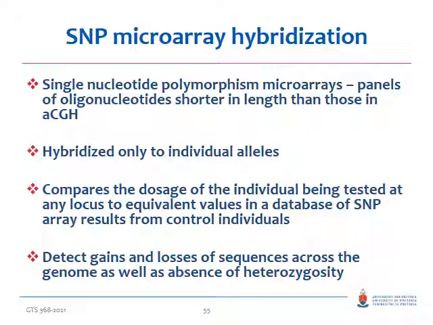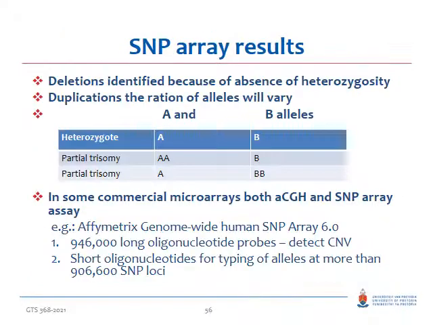Here, the SNP array is not compared to a control sample, but to a database of SNP array results from a lot of control individuals. It will also pick up losses or gains across the genome, but it will also detect absence of heterozygosity. In this case, because of the absence of heterozygosity, you can detect a deletion. So there will only be one of the two alleles.